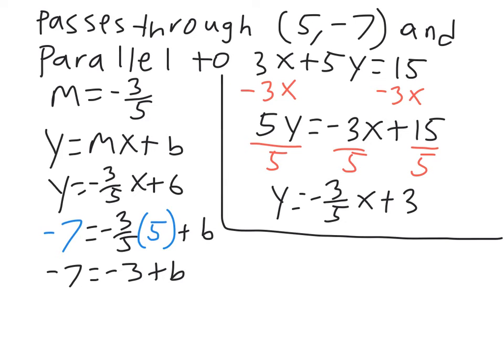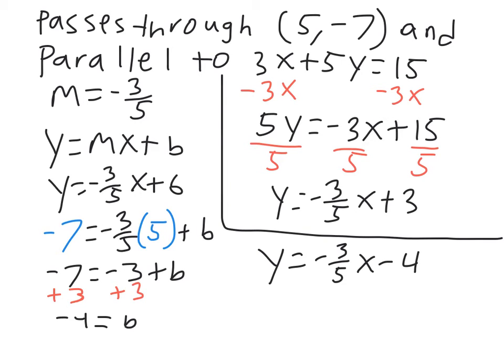Now to solve for b, we just add 3 to both sides, and that gives us b = -4. So if b equals -4, we write it back into the equation. y equals, our slope is -3/5, x minus 4.